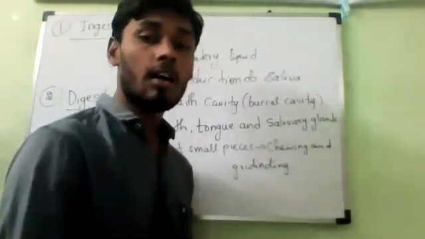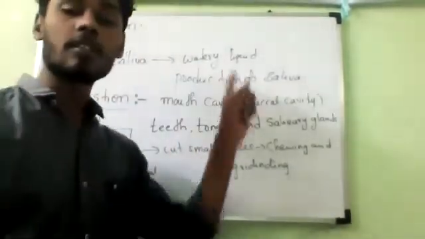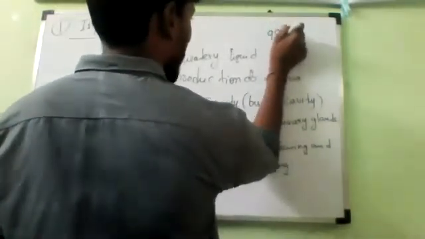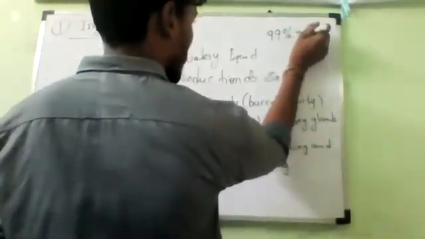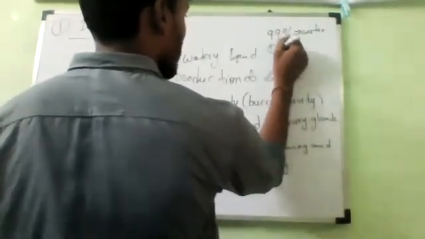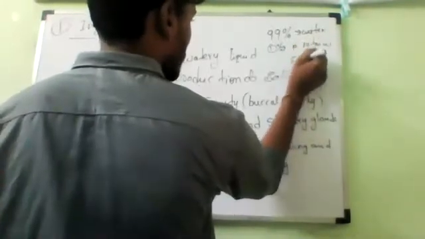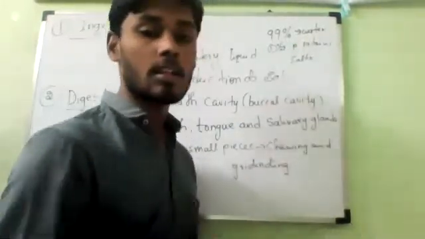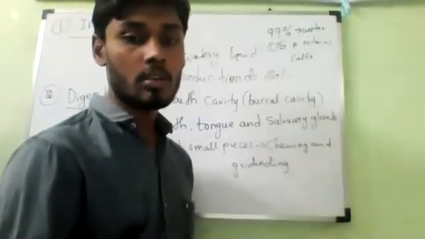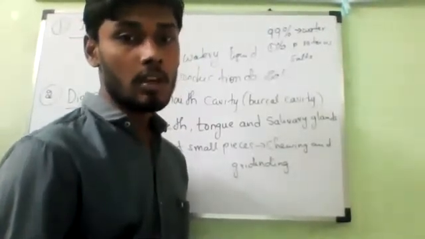If it comes to the major percent, we call it a watery liquid: 99% is water, and only 1% contains proteins and salts, whatever salts I have told you, carbonates, nitrogenous compounds and all. Is it okay, Dina?